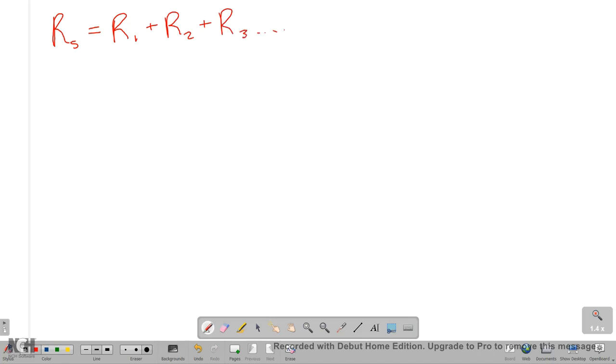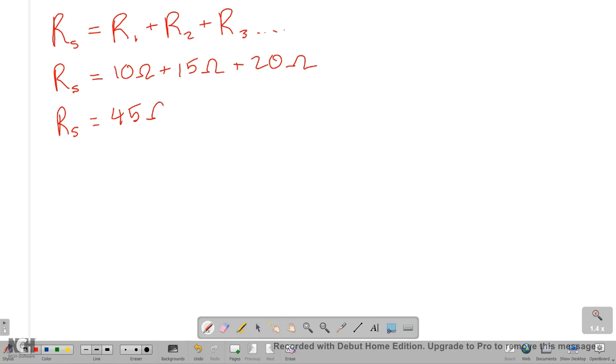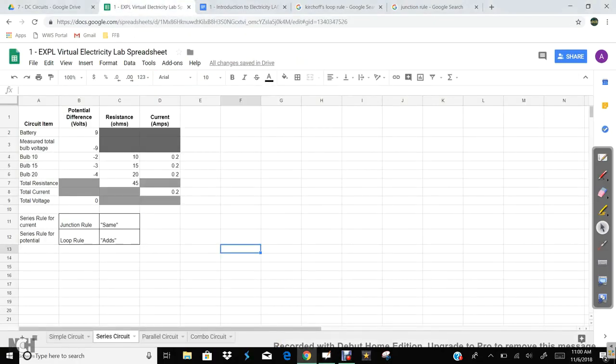And that could continue on. So for our purposes here, our total resistance in this series circuit is equal to 10 ohms plus 15 ohms plus 20 ohms. So the resistance in the series circuit here is going to be 45 ohms. And we can see that over here that we take the 10, the 15, the 20, add them up, and it becomes 45.